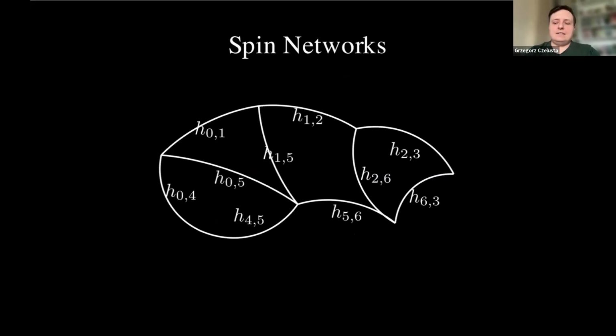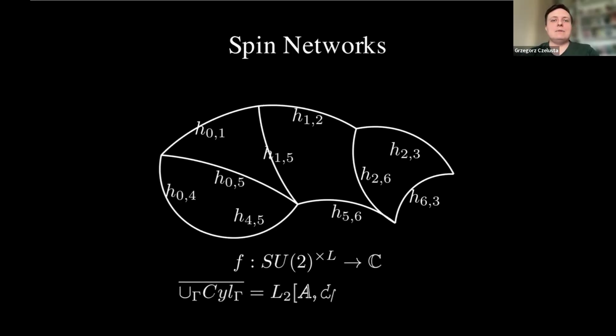And then the function defined on such a graph, depending on the holonomies assigned to links of this graph, is called a cylindrical function. The space of all such functions for all possible graphs forms the kinematical Hilbert space of LQG.